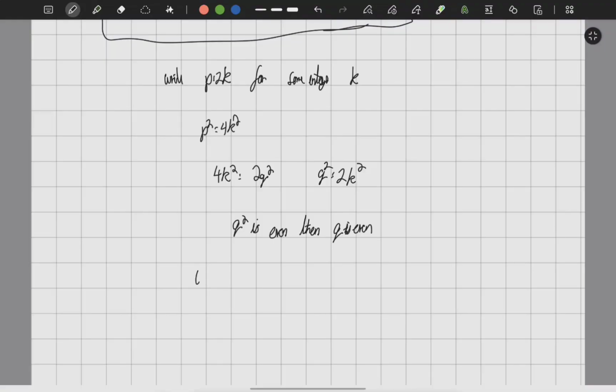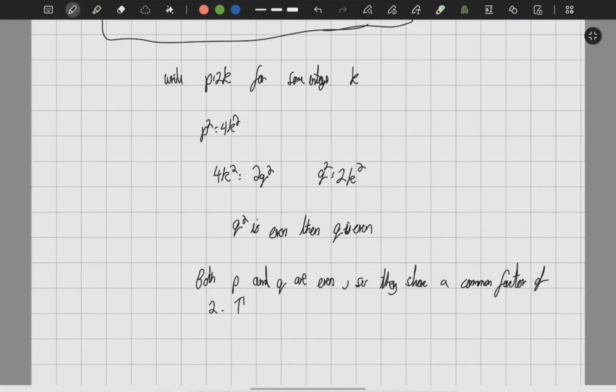both p and q are even, so they share a common factor of 2.